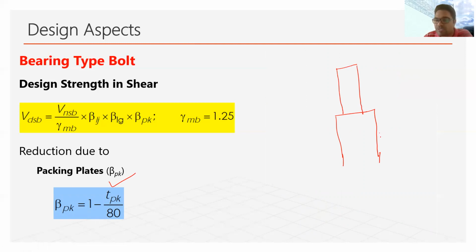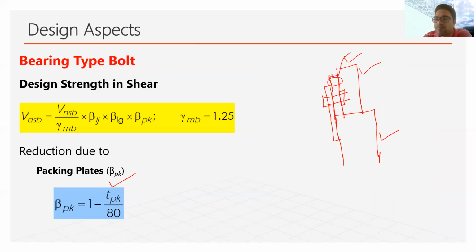For example, this is the ground floor column and this is the first floor column, and the dimension of the first floor column is less as compared to the ground floor column. In that case, if we need to join these two columns, then we may use a splice plate, which will be like this. To accommodate this space, sometimes we insert a plate so that the grip becomes better. Then we can apply our bolt like this.